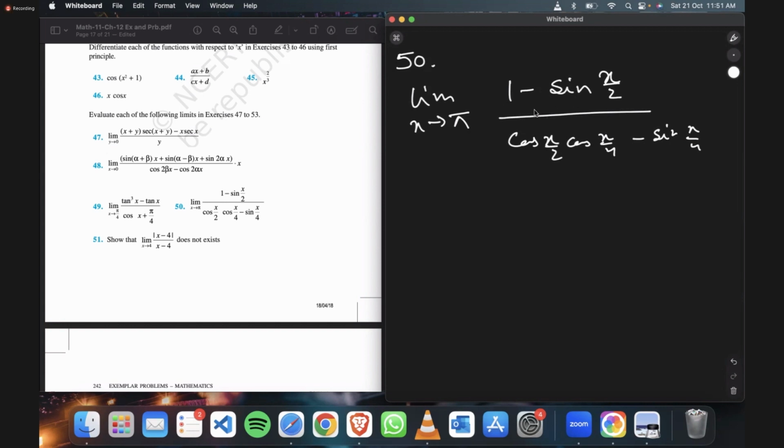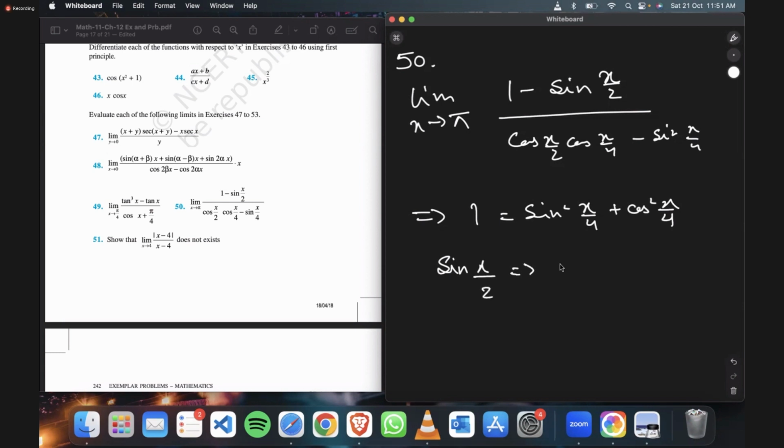Sine x by 2, I can write this as 2 sine. So let me tell you one thing. Can I write 1 as sine square x by 4 plus cos square x by 4? I'll tell you why I put x by 4 over here. You'll get my point when I put in the values. And what can I do with this sine x by 2?